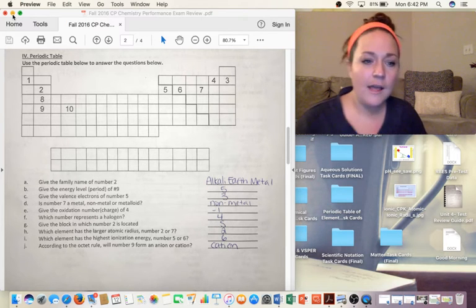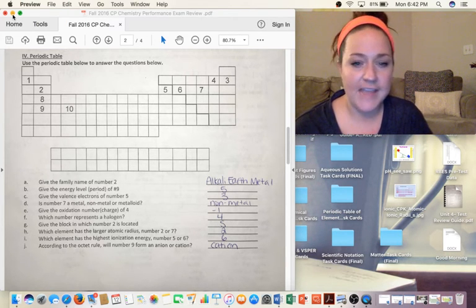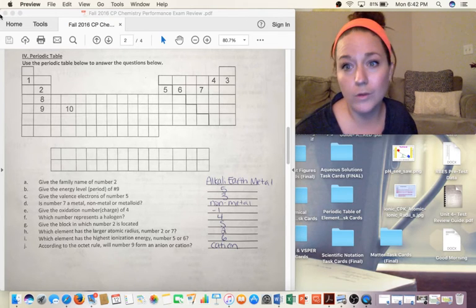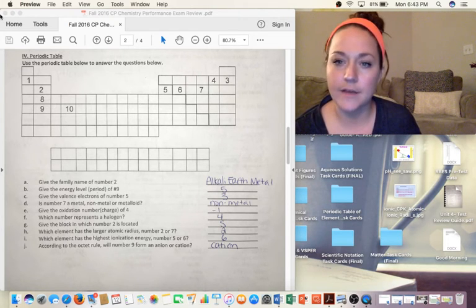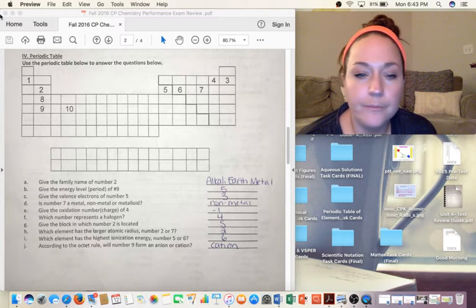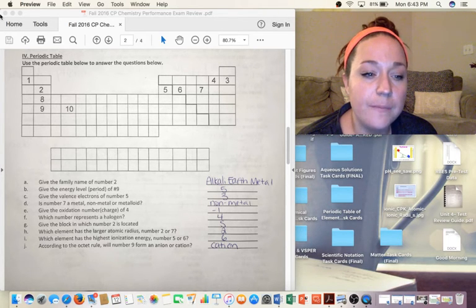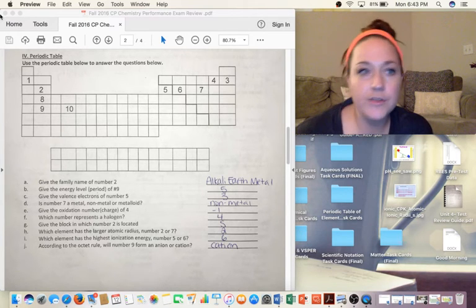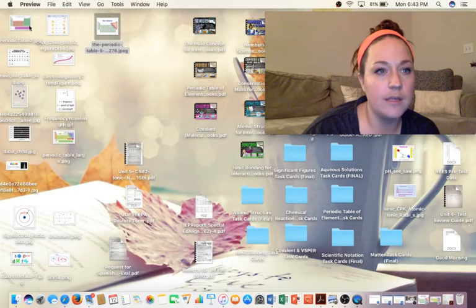All right, F, which number represents a halogen? So what the question is asking you is to please identify where halogens are on the periodic table. Group 4. All right, G, give the block in which number 2 is located. So what they're talking about is blocks are these.